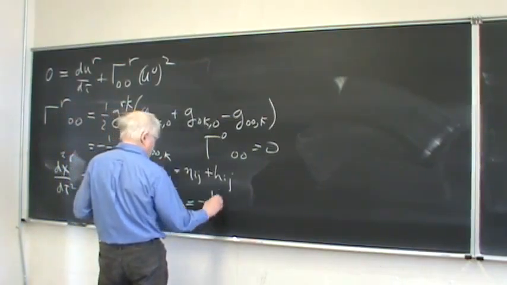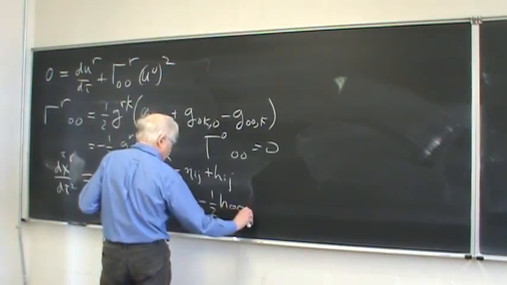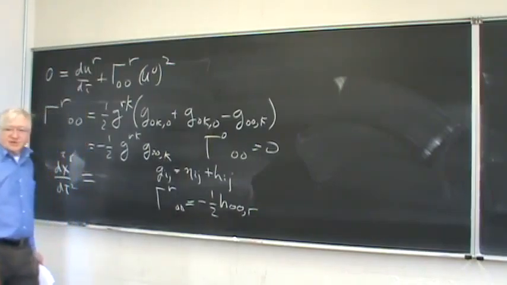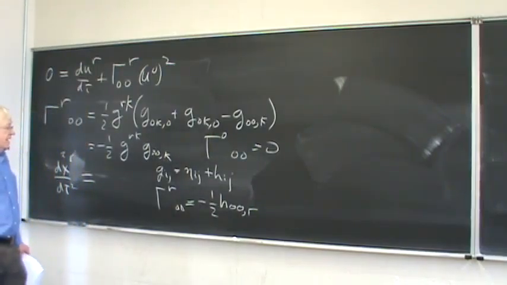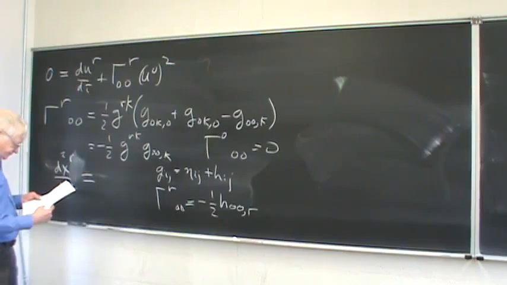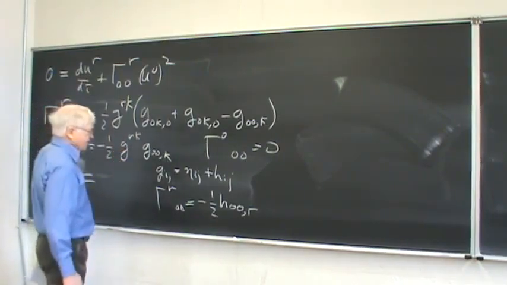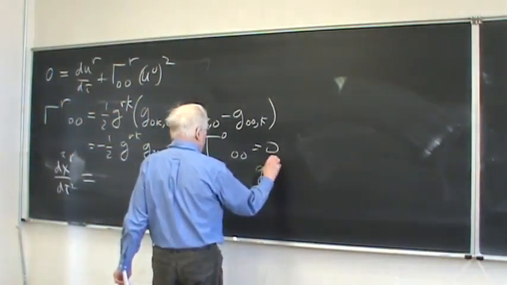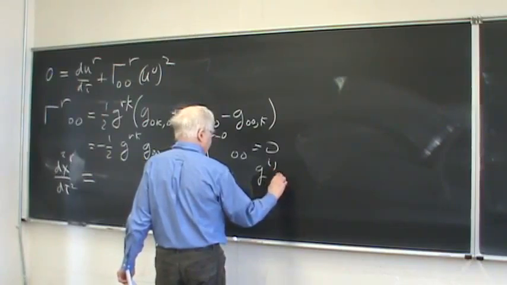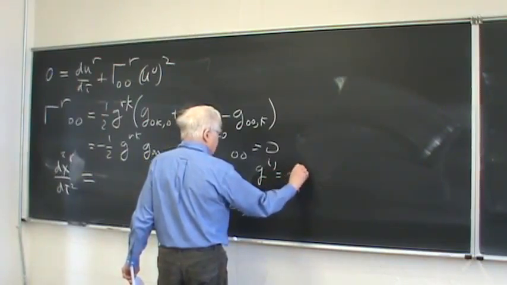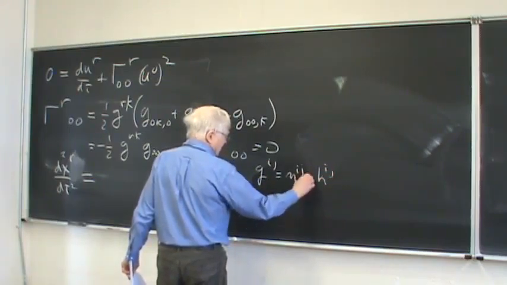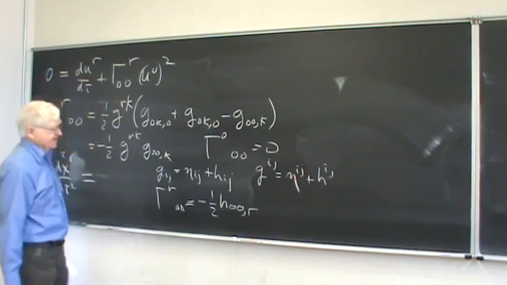And so this is just h00,r. So it's the r derivative of the 0,0 component there. And so the inverse metric tensor would be the thing that makes this 0. So we have g^ij would be, I think it would just be eta ij plus that, because we just raise everything.